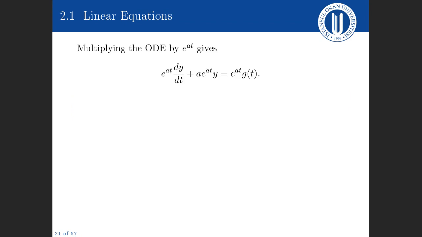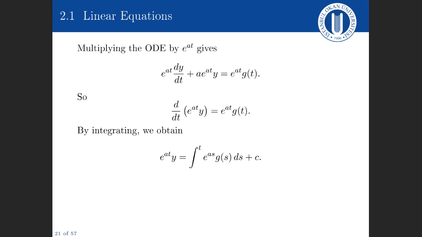So take the equation, multiply everything by e to the power at. Here we are. We use the product rule on the left side, and our differential equation simplifies to the derivative of e to the power at y is equal to e to the power at g of t. Integrate both sides.